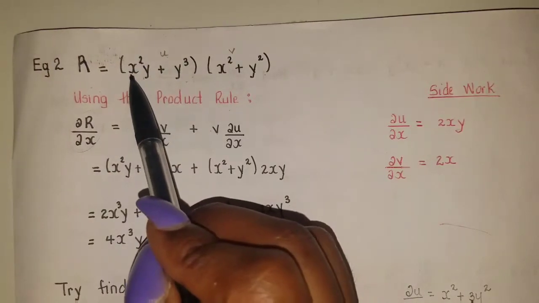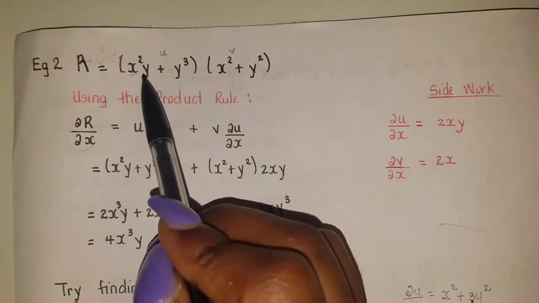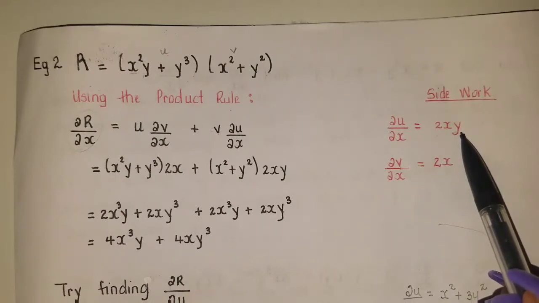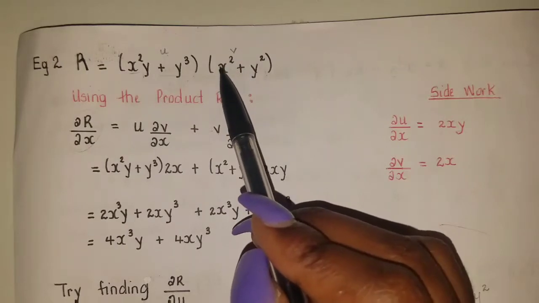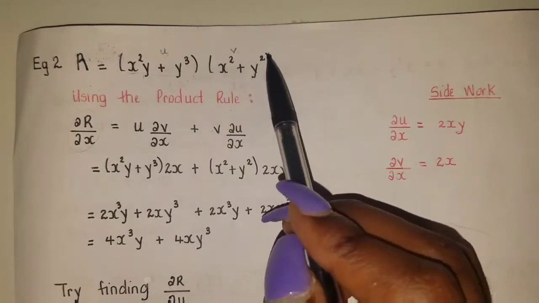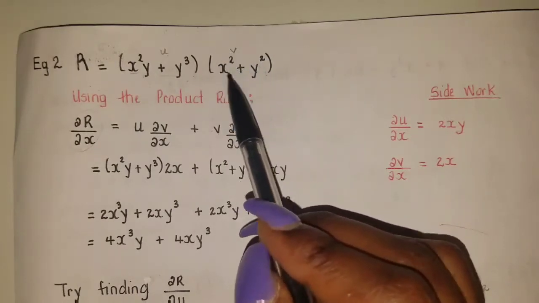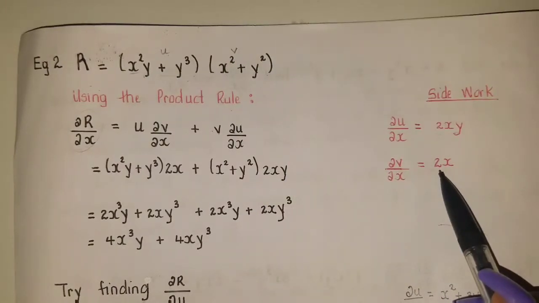So here we will differentiate the x squared to get 2x and multiply by the y coefficient, giving us 2xy in our u function. When we go to the v function, this x squared will once again give us 2x, but this y squared when differentiated will be a 0. So therefore the partial derivative of the v function with respect to x is simply 2x.